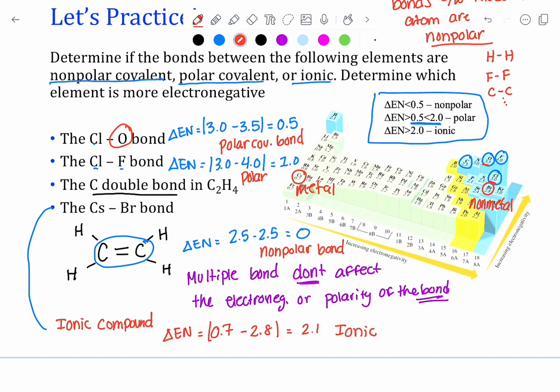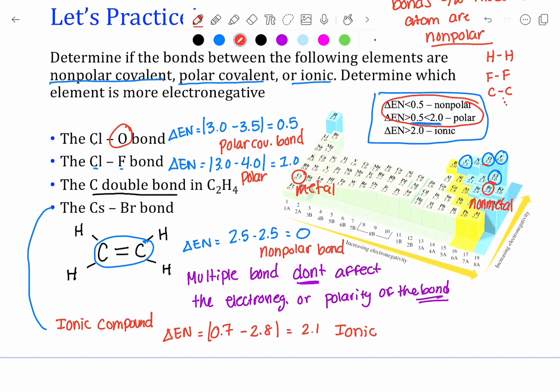Now there are some cases where, as we get into our metalloids and our transition metals, those delta EN values may fall into the polar-nonpolar range, but we have to remember our first designation of, is it covalent? It can only be a nonpolar or polar covalent bond if it's a covalent compound. If it is an ionic compound, the only option for type of bond is ionic. So we have to do that designation first.